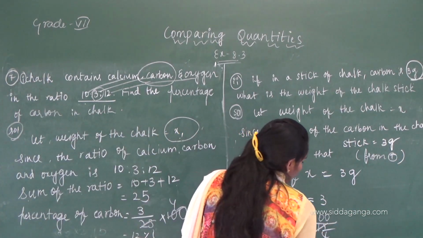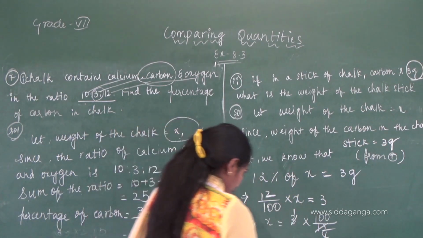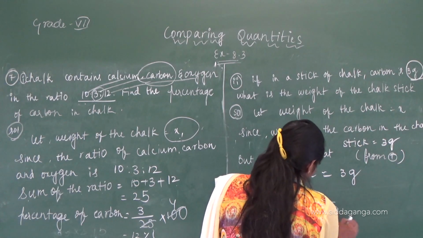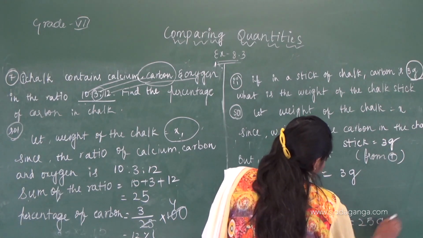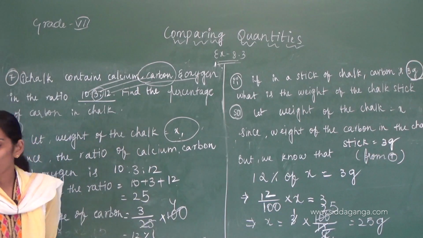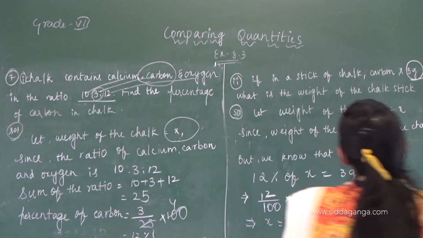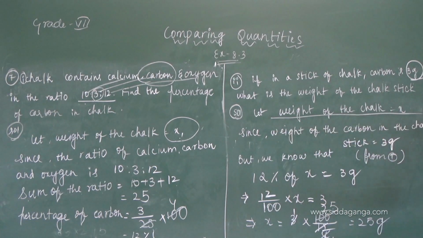One fours are four, one twenty-fives are twenty-five. Okay, here what we got? 25 grams. What is 25 grams? The weight of the chalk stick.